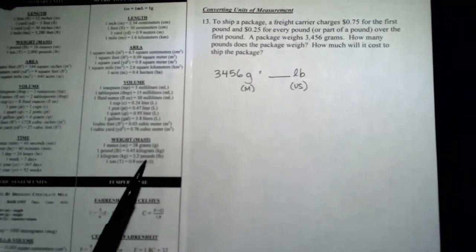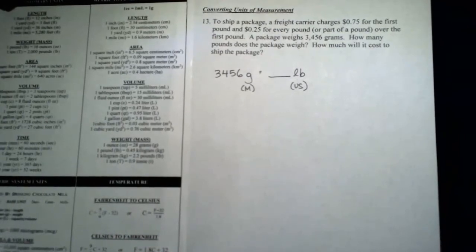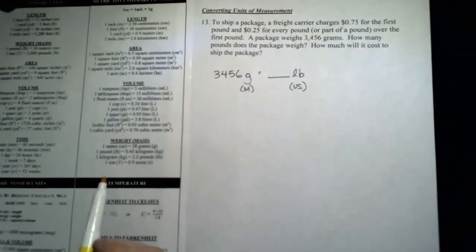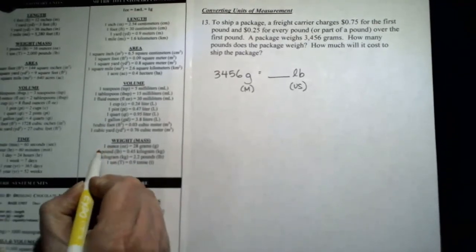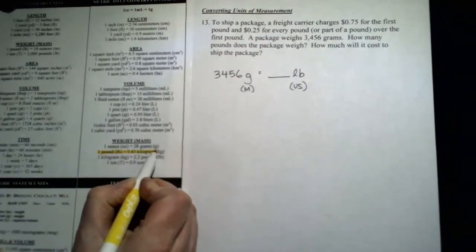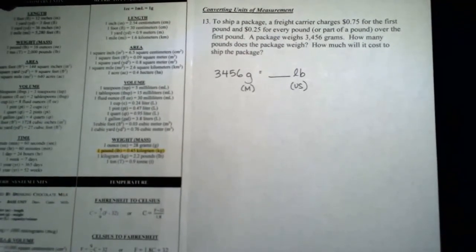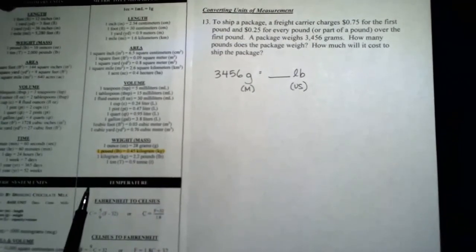So what I'm going to try to do is just pick something that's closest, and then I'll be able to work from there. So I'm going to go with the 1 pound equals 0.45 kilograms. Like I said, you can do this in a number of ways, but this is the one I'm going to choose.